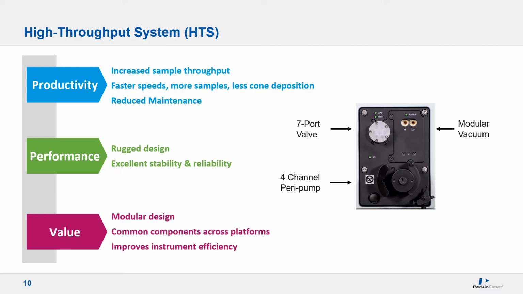We've designed this modular system to be rugged and stable, providing the laboratory increased productivity, resulting in more samples in less time with less maintenance. These productivity and performance improvements allow you to get your results out faster, providing greater instrument value.